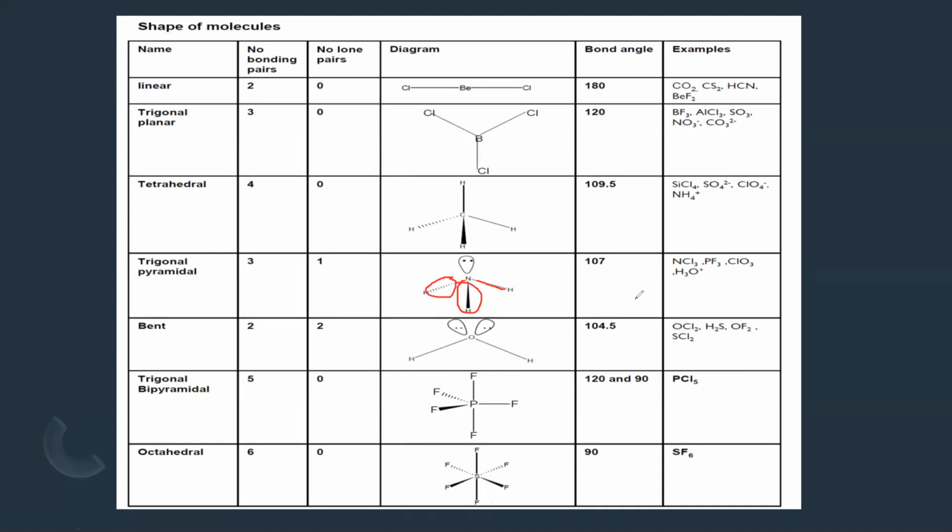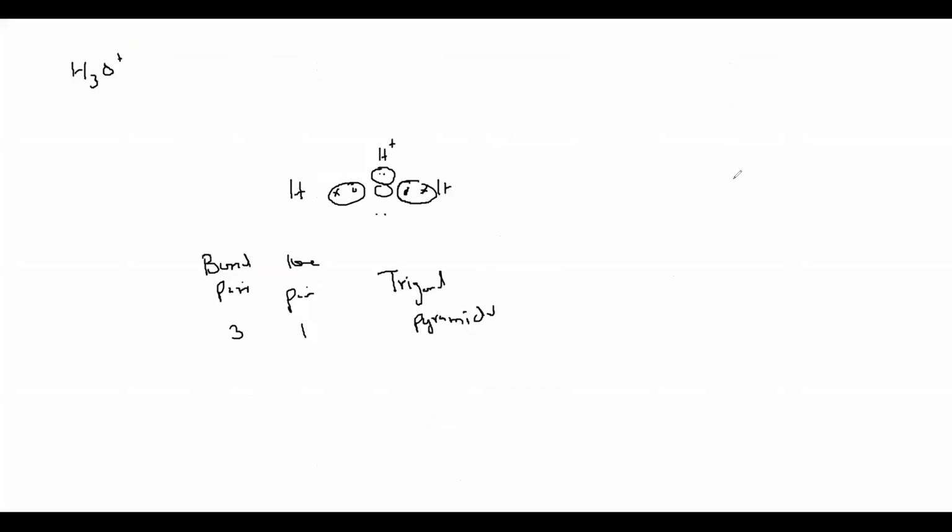So oxygen, one bond in the plane, one out of the plane, like into and out. If you remember electricity and magnetism, we say into the paper or out of the paper. It is the same manner: one bond is coming out towards you and one is going in, and there's a lone pair. And what is the bond angle? 107.5 degrees.